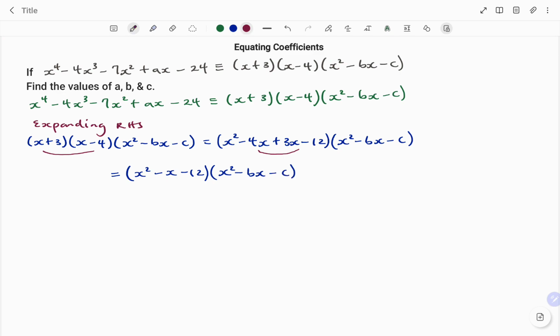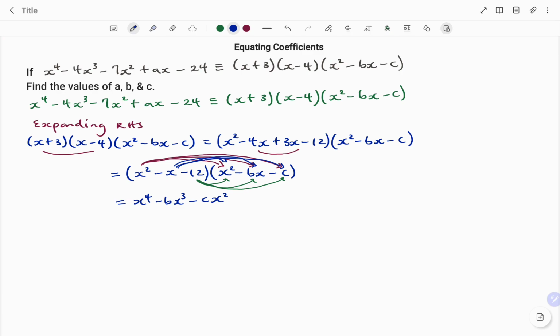The next step is all the terms in the first bracket will be used in multiplying all the terms in the second bracket. I have x² multiplying all the content of the second bracket, and likewise minus x and minus 12. So I will have x² times x², x⁴, x² times minus bx, minus bx³, x² times minus c, that's minus cx².